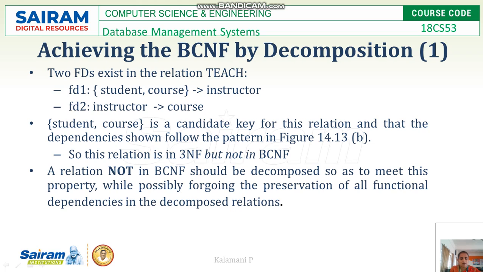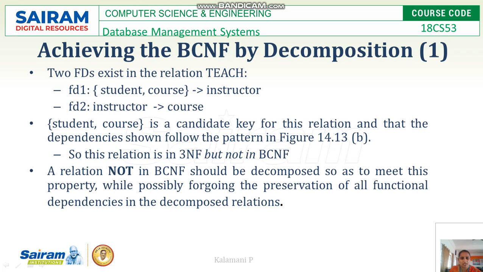BCNF means there should be a relation like X defines A, in which X should be a super key. A relation not in BCNF should be decomposed so as to meet this property, while possibly foregoing the preservation of all functional dependencies in the decomposed relations.